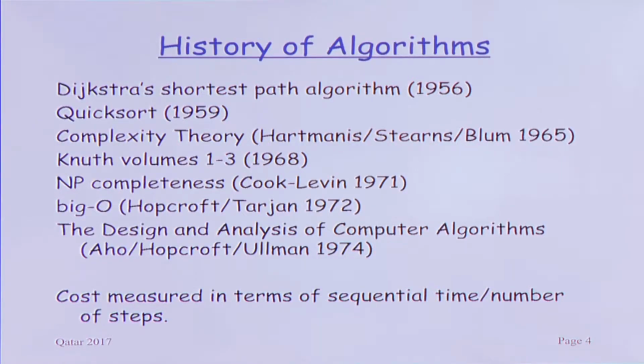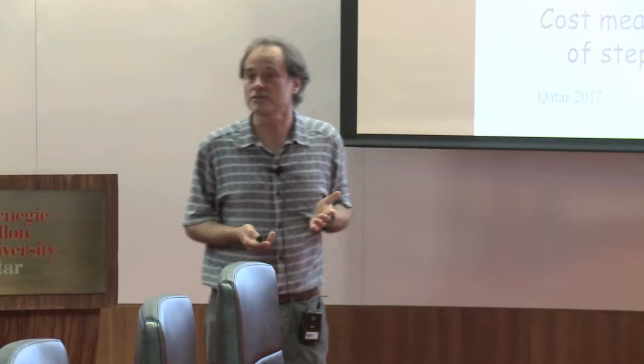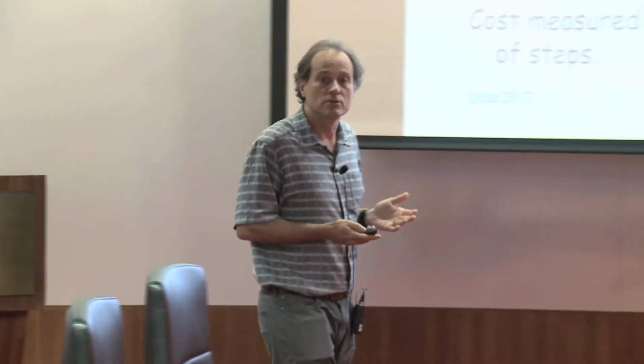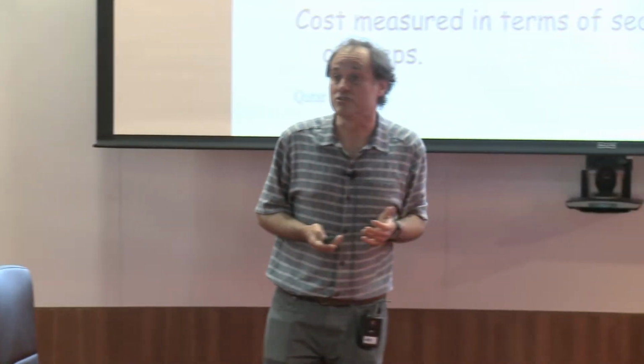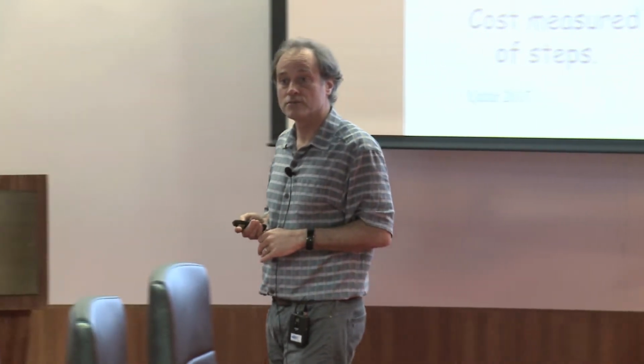NP completeness, that idea came in '71. Some people are surprised that that idea came after Knuth's volumes, after the discovery of a lot of these other algorithms. Big O notation came after Knuth's books. If you go look at Knuth's books, they do not use Big O notation, at least his original books. He has some revised versions that do.